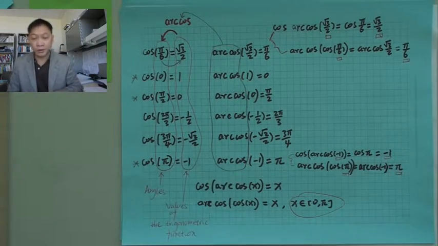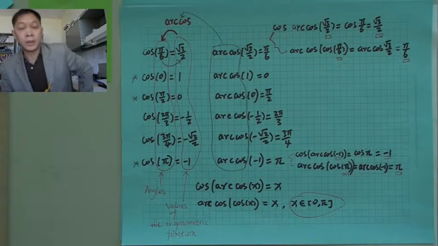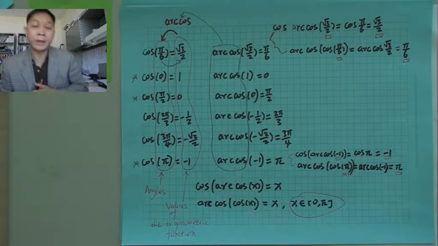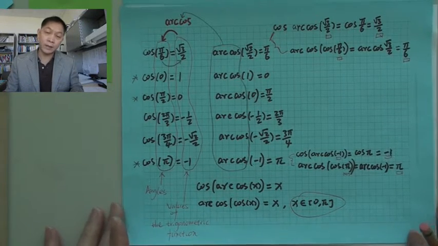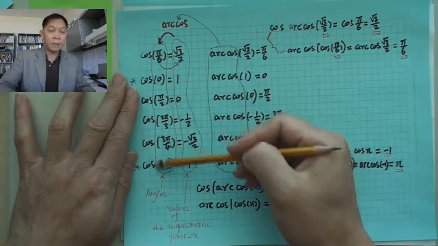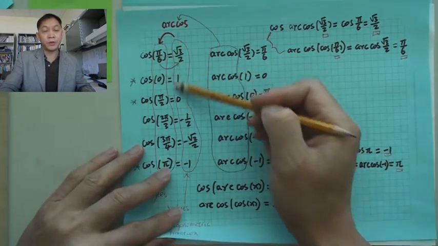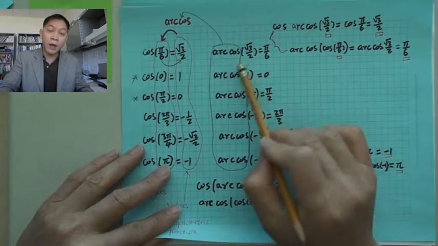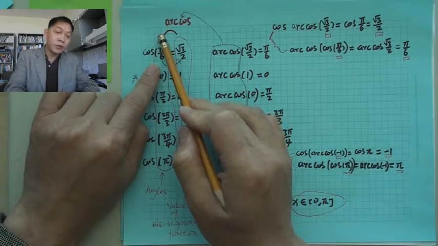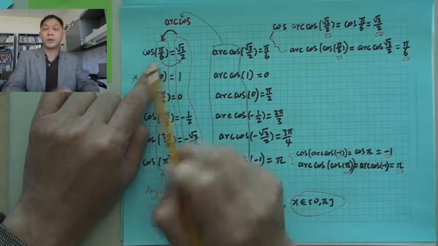Values is the starting point from the unit circle. You get graphs and you get identities. Now let's look at identity. From the left one, angles go to the values, and then from arc cosine, the inverse, you got the values.